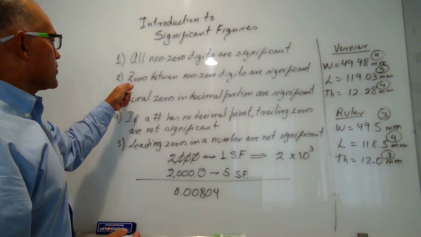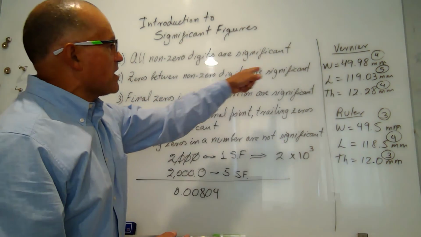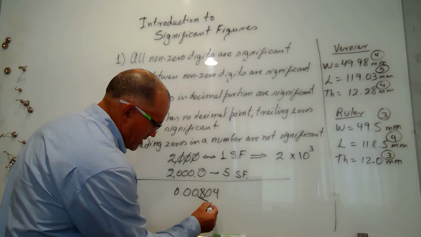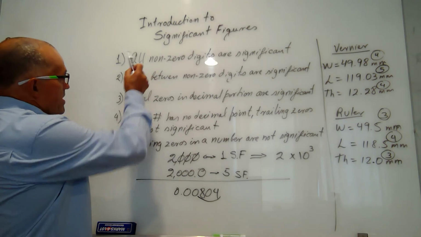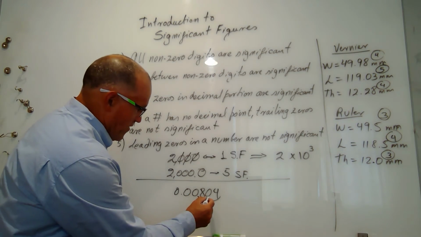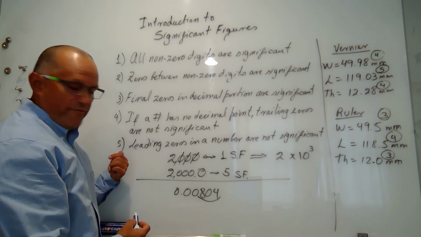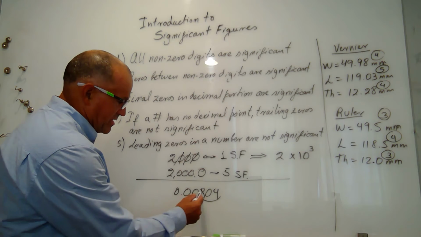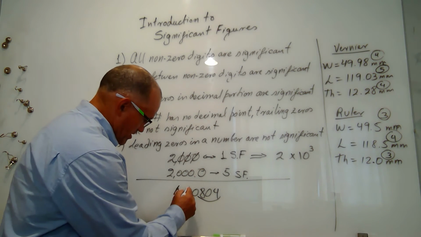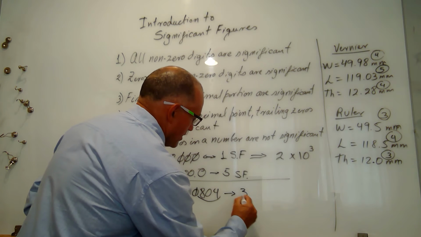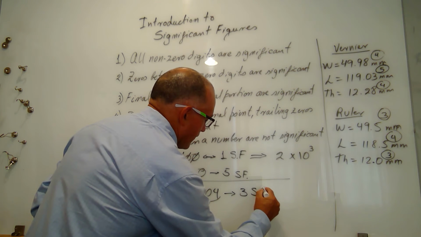Rule number 2, zeros between non-zero digits are significant. Therefore, I have 3 that follow number 1 and number 2. And rule number 5, leading zeros are not significant. These are the leading zeros, so these are not significant. So this is going to give me 3 significant figures.